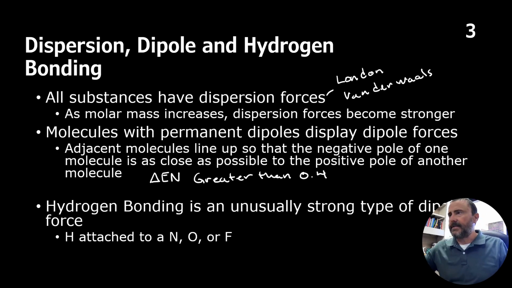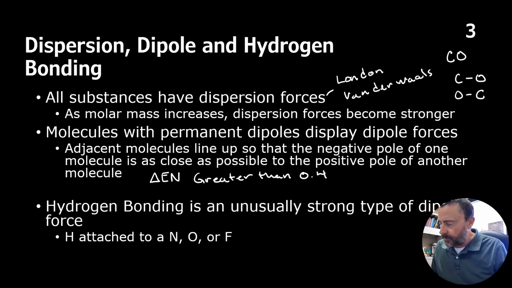Okay, so let's think about that. We could have something like, say, carbon dioxide, or let's say carbon monoxide. Okay, so what's going to happen there is that they are going to align in opposite ways from each other, because of the charges that are going to be present there.